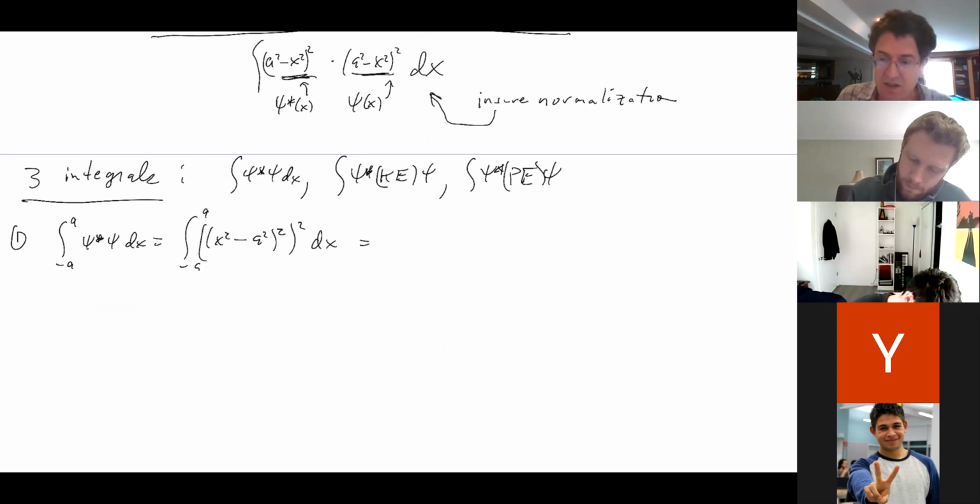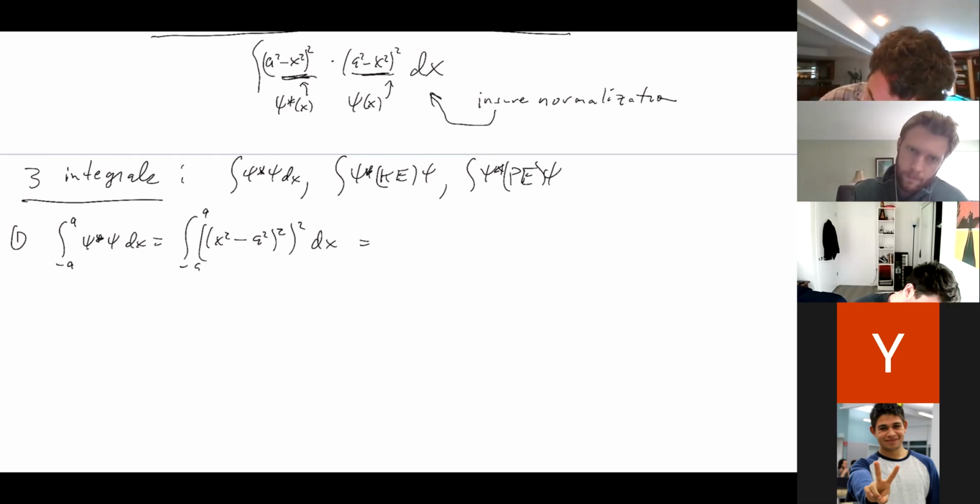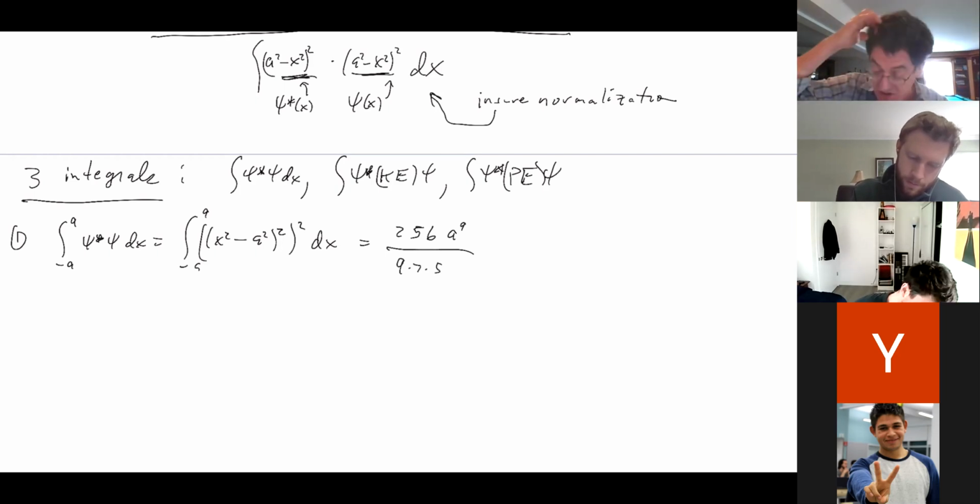I think it's not a completely trivial integral, but if you grind through it, you're going to find that it's equal to 256 times a to the 9th divided by 9 times 7 times 5. You just do some integration by parts, some tedious integrals, and that's what you're going to get. Let's not worry about that detail.